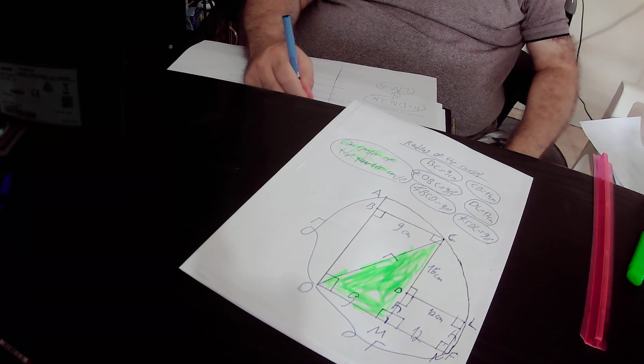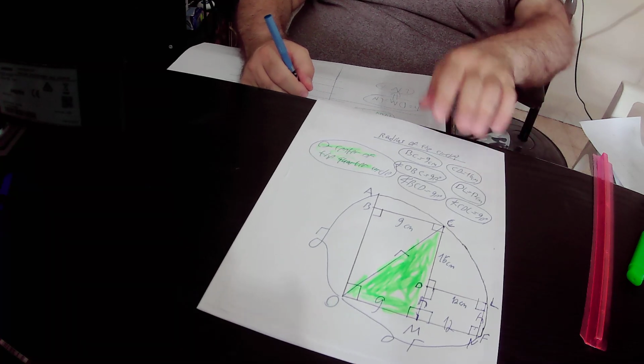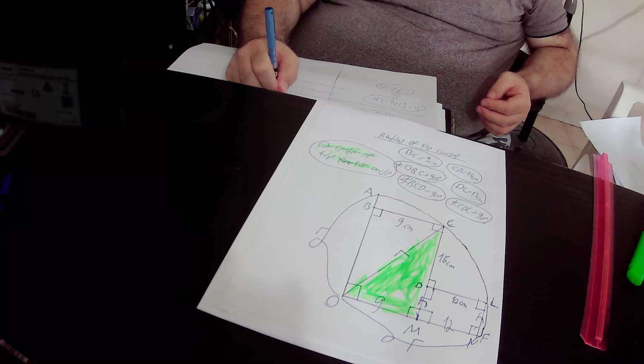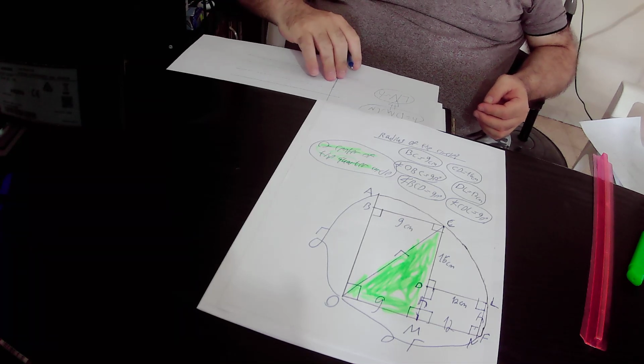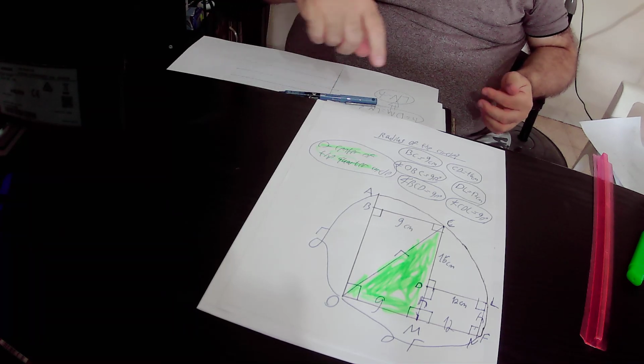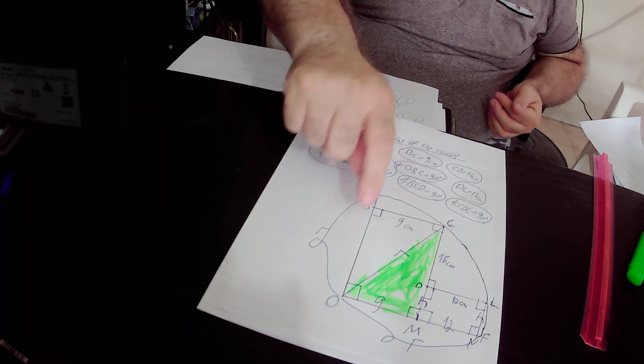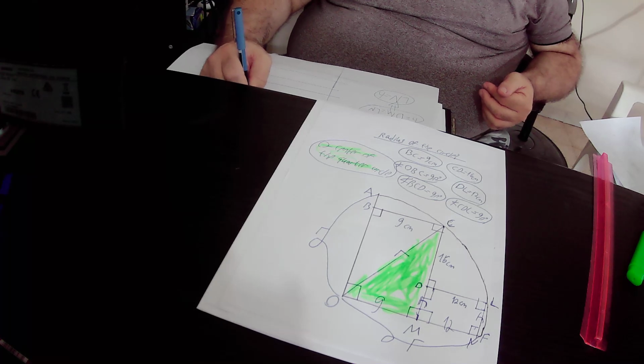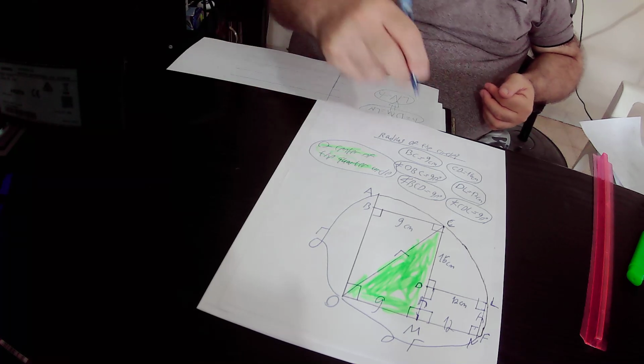The hypotenuse in the green right triangle is OC, therefore the square of the hypotenuse is OC square, and it must be equal to the sum of the squares of the perpendiculars, that is to say, OM square plus CM square.